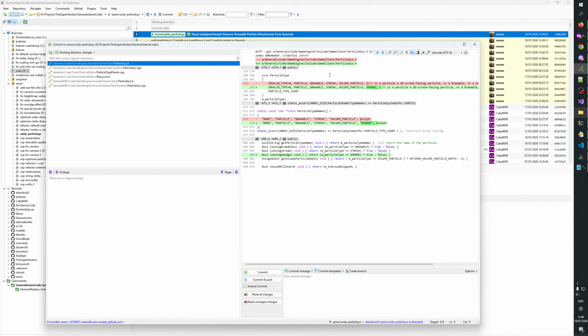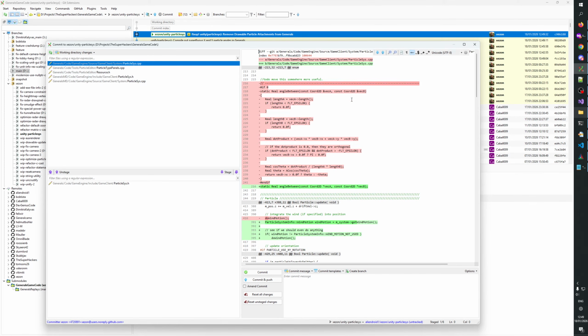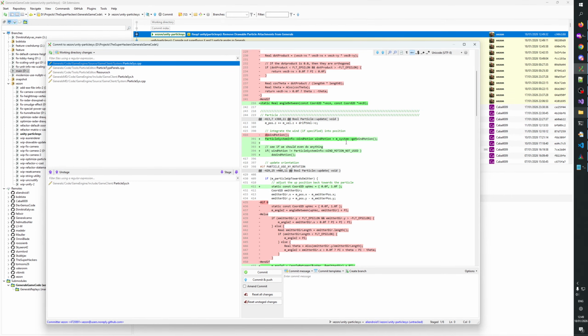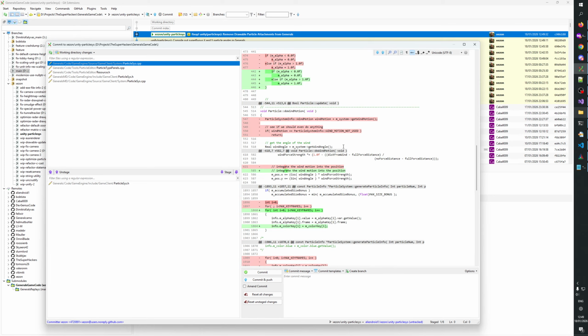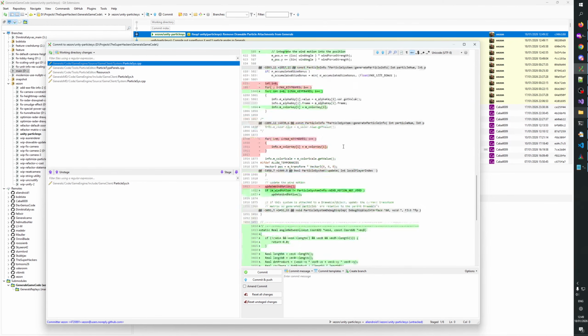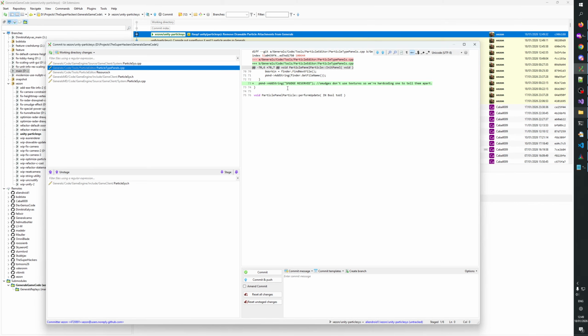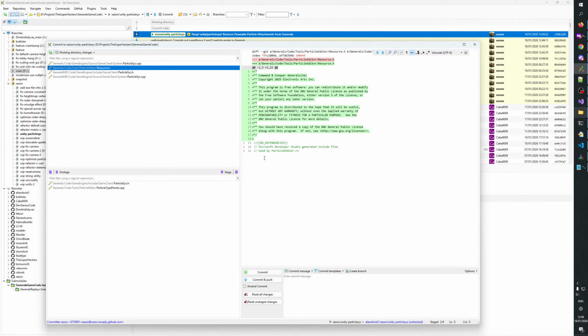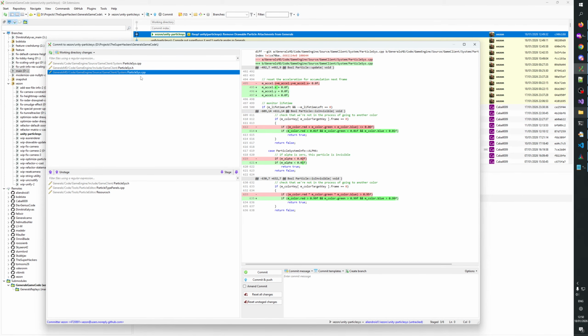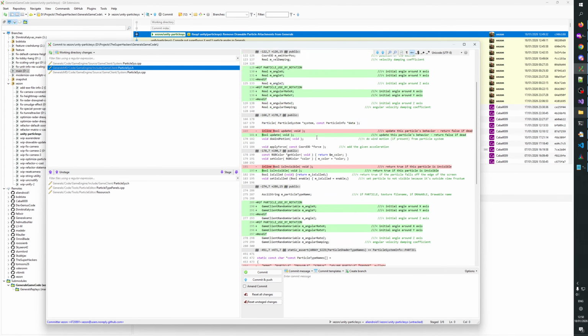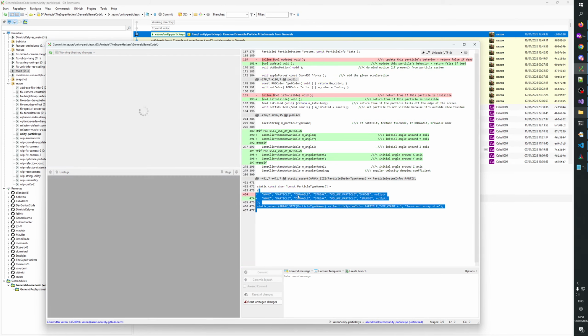Let's do the smudge. This one. Smudge. Here's another smudge.